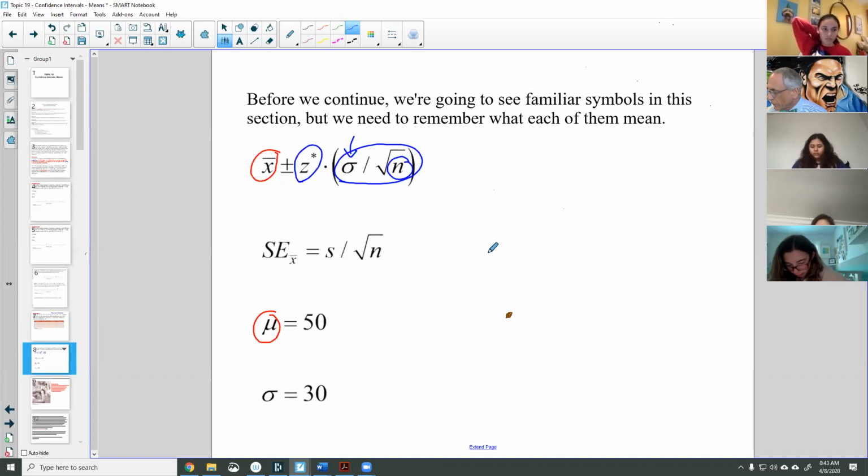Okay, so I'm not going to call on you again, Virginia, but Cassandra, what's this symbol? Is it standard deviation? Without the question mark, it's a standard deviation. And is it of a population or of a sample?